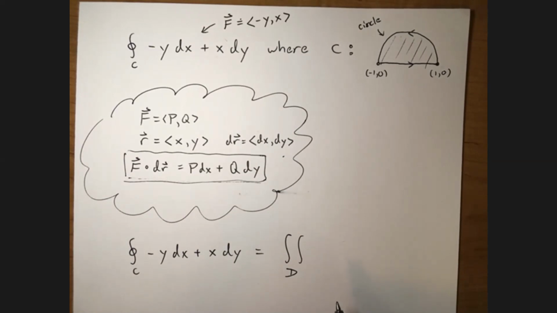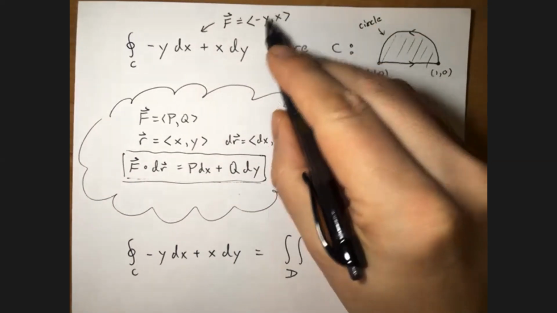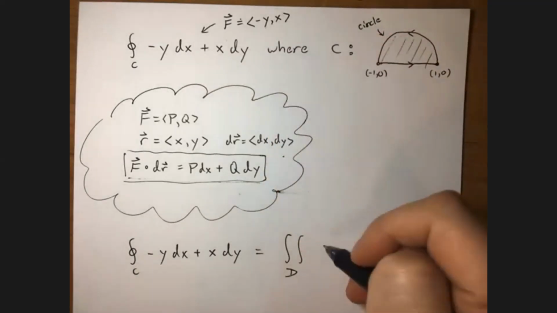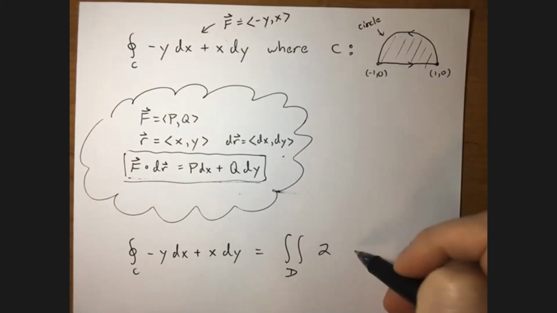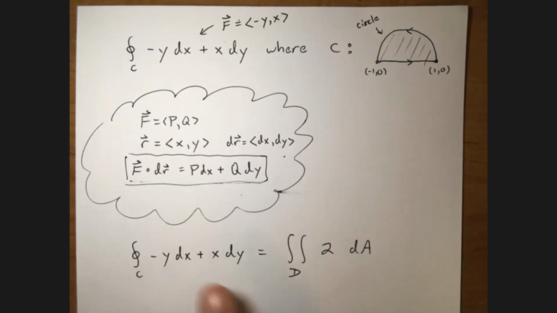Well, it's Qx minus Py. So it's the derivative of this with respect to x, that's 1, minus the derivative of this with respect to y, which is -1. So 1 minus -1 is 2. Green's theorem tells us that this line integral becomes this area integral.